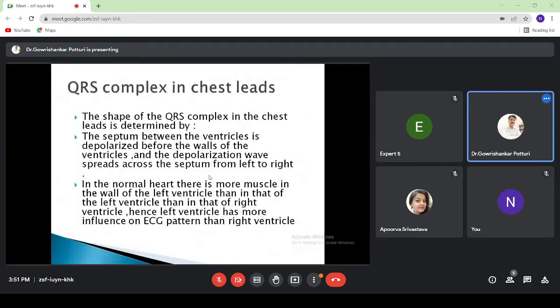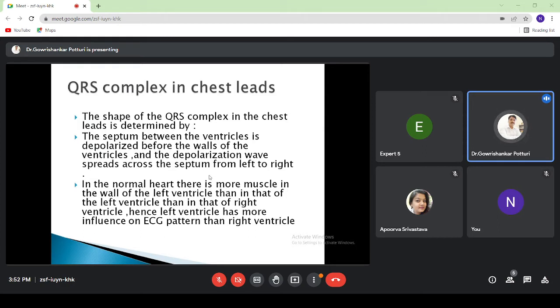The shape of the QRS complex in the chest leads is determined by the fact that the septum between the ventricles is depolarized before the walls of the ventricles. And the depolarization wave spreads across the septum from left to right. In a normal heart, there is more muscle in the wall of the left ventricle than in that of the right ventricle.